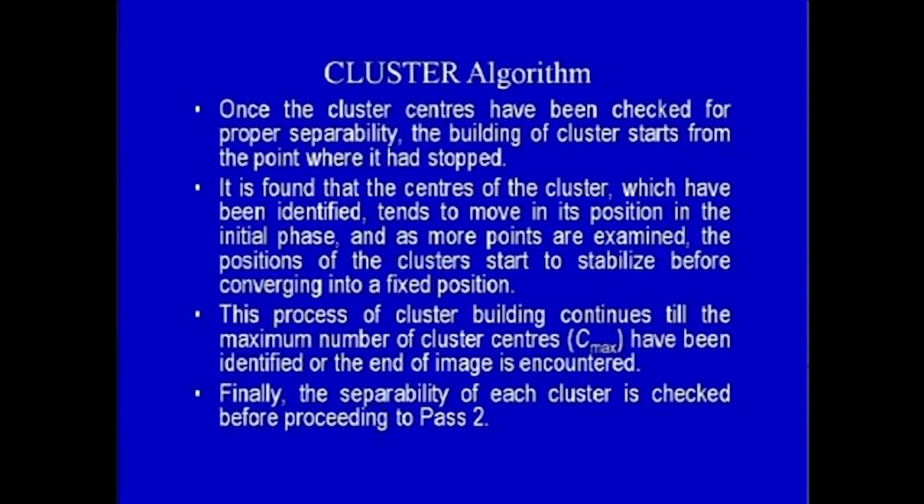This process of cluster building continues till the maximum number of cluster centers, that is C max, have been identified or the end of the image is encountered. Finally, the separability of each cluster is checked before proceeding to pass 2.